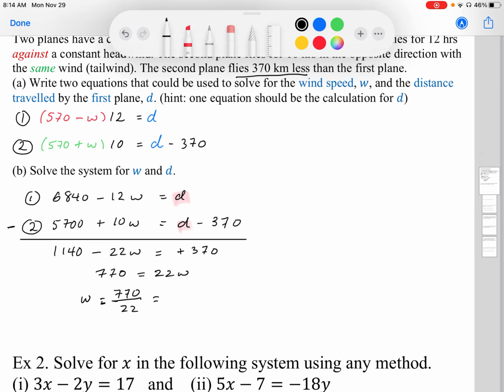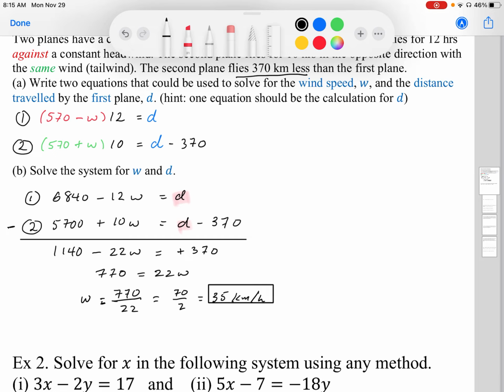That works out to be, there's a common factor of 11, so I'm going to end up with 70 over 2 when I divide out the common factor of 11, and I get 35 kilometers per hour for the wind speed. Okay, so there's our wind speed.